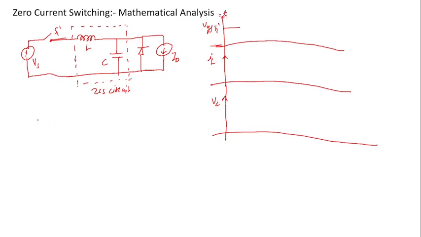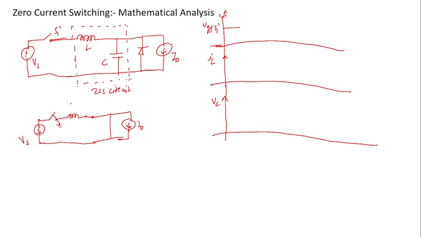The switch S1 was open, and the inductor will act like an open circuit, and the current will be carried by the I naught. So I have just turned on the device, and it will form a circuit like this.